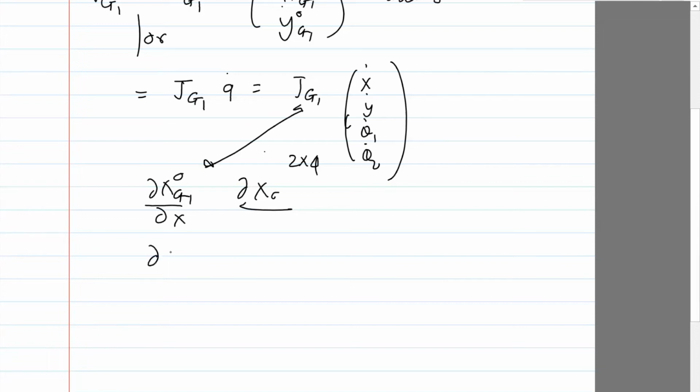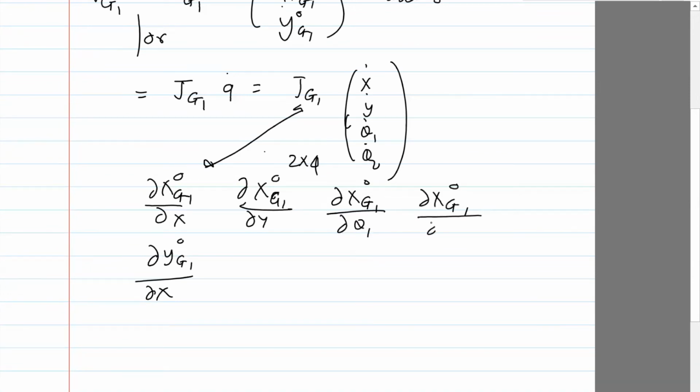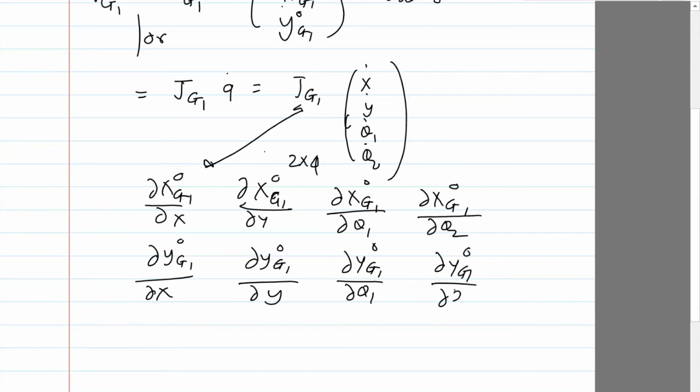So the first row is dx_G1/dx, dx_G1/dy, dx_G1/dtheta1, dx_G1/dtheta2, and the second row is dy_G1/dx, dy_G1/dy, dy_G1/dtheta1, dy_G1/dtheta2. So that's going to be the J matrix.